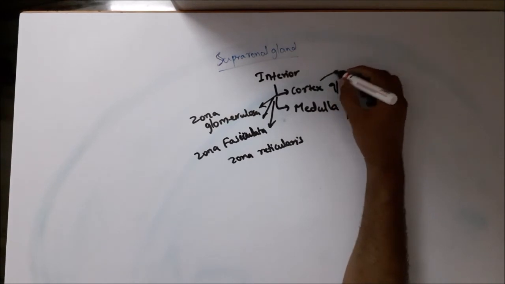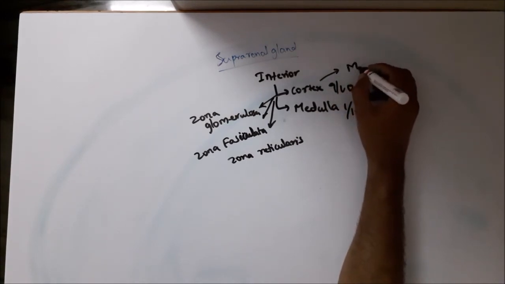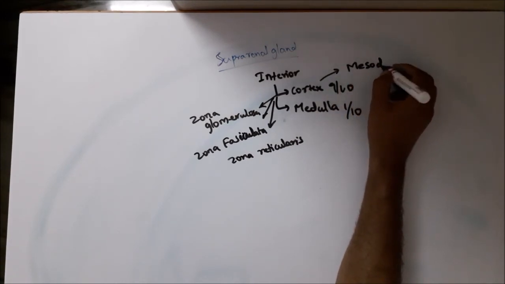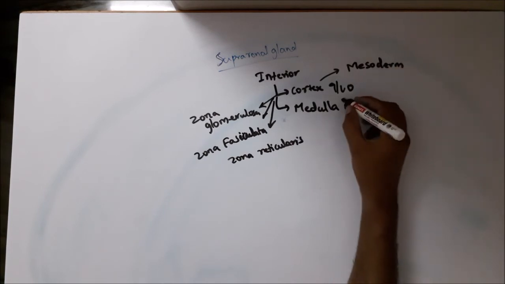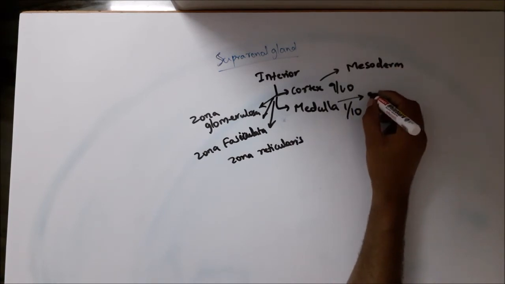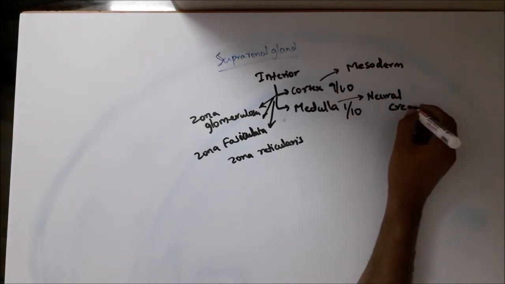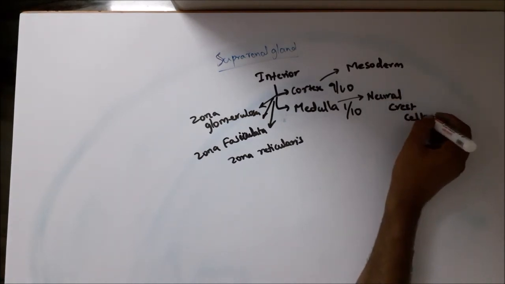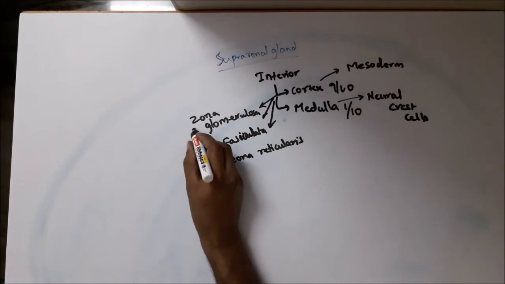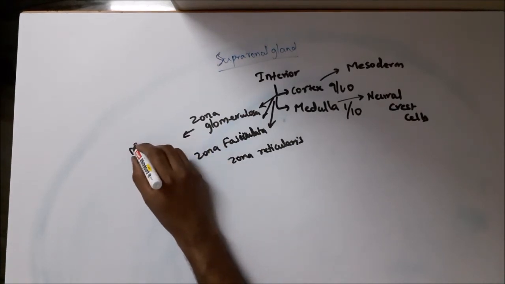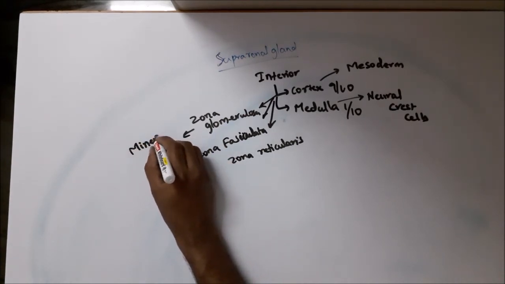This cortex is developed from mesoderm, whereas this medulla is a derivative of neural crest cells.